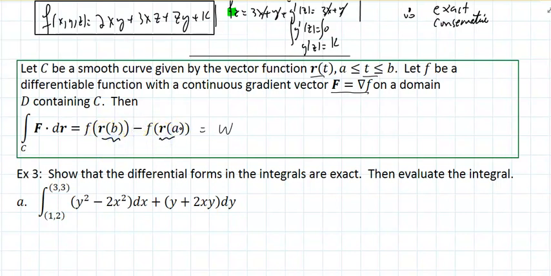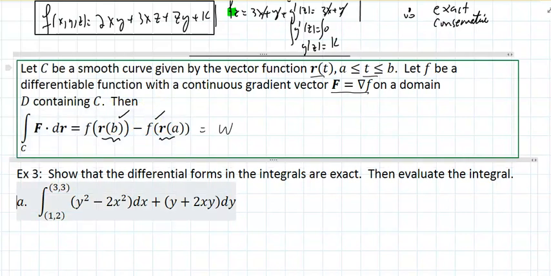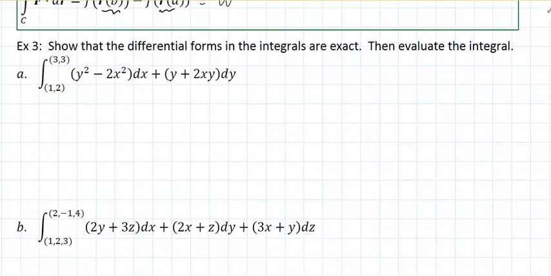So instead of figuring out the integral along C of f dot dr, you're evaluating the potential function, if you could find it. Show that the differential forms in the integrals are exact. So what does that mean? That's something that comes up. This is really what you need to read out of it.